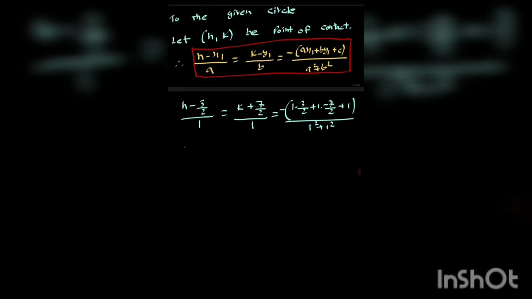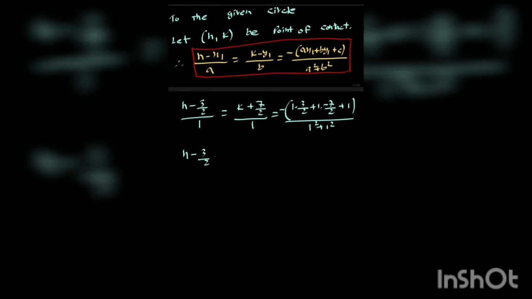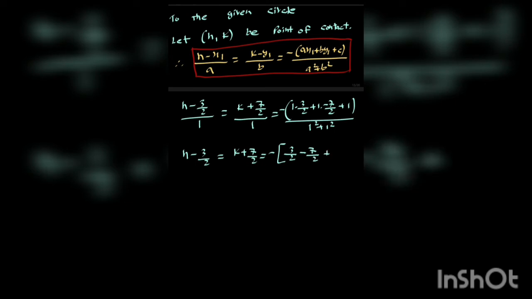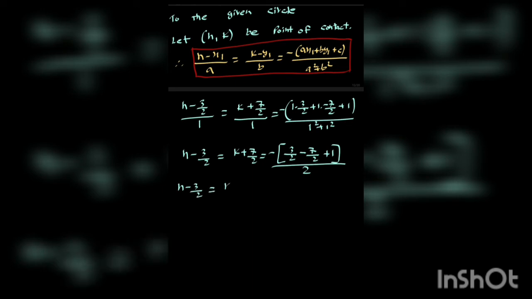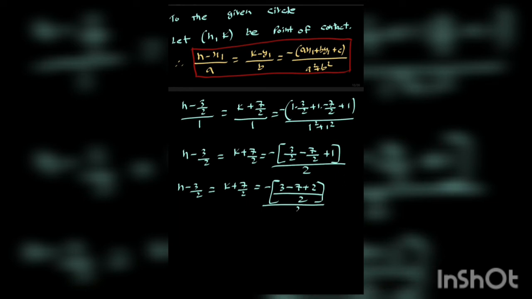So H minus 3 by 2 is equal to K plus 7 by 2 is equal to minus 3 by 2 minus 7 by 2 plus 1 by 1 plus 1, 2. So H minus 3 by 2 is equal to K plus 7 by 2 is equal to, solve the, so LCM is 2, so 3 minus 7 plus 2 by 2 by 2.